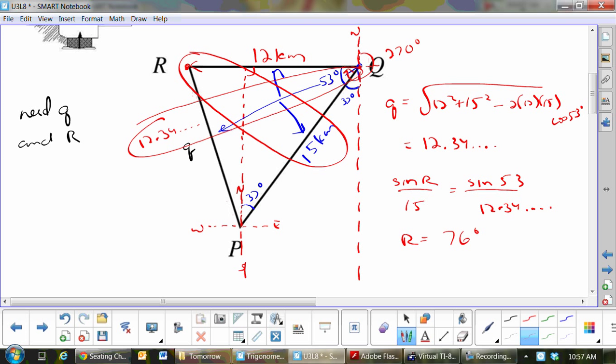Now, this one will break your heart when you get it back if you stop here, because you've done a lot of work. If it was multiple choice, I would say you go 12.34 kilometers at a bearing of 76. Now, is it a bearing of 76?